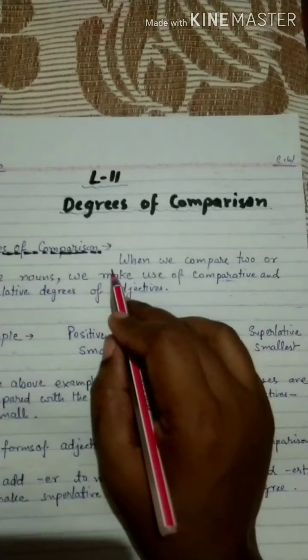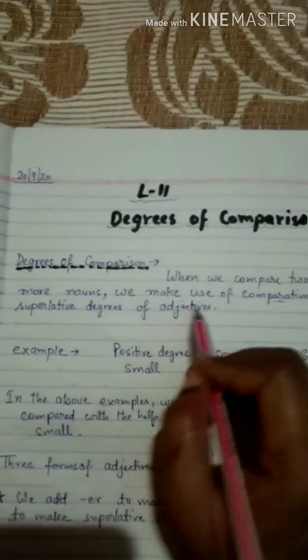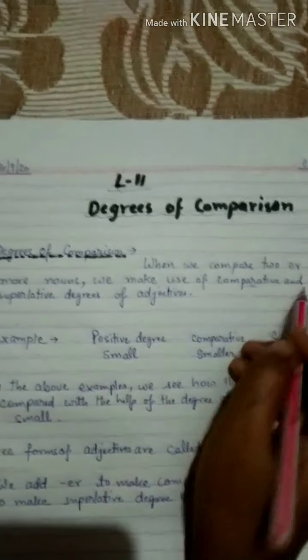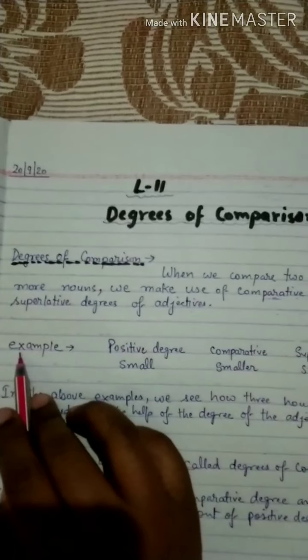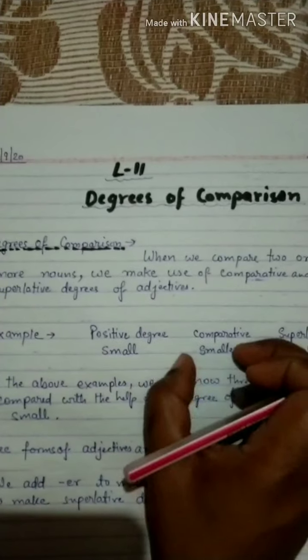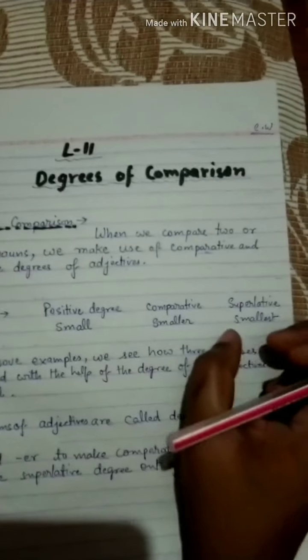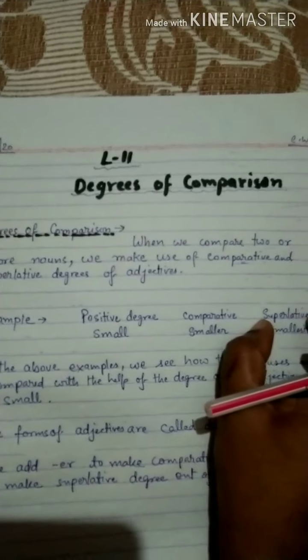Write the definition: when we compare two or more nouns, we make use of comparative and superlative degrees of adjectives. For example, small is a positive degree, smaller is a comparative degree, and smallest is the superlative degree, which I have given you in the chapter also.